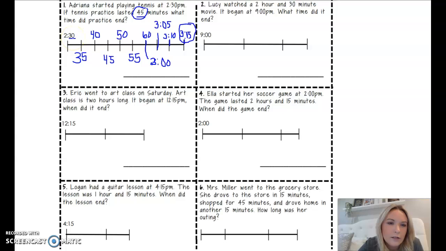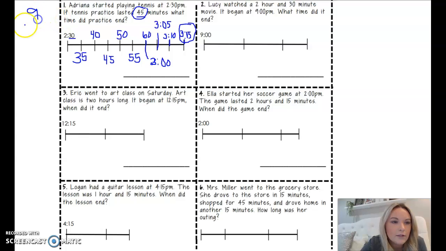So let's see. We start at the 30, and we have 35, 40, 45, 50, 55, 60. And then this would technically be 65, 70, 75, but since we started a new hour, we said that it was right here. Let's see how many times I added 5. 1, 2, 3, 4, 5, 6, 7, 8, 9.